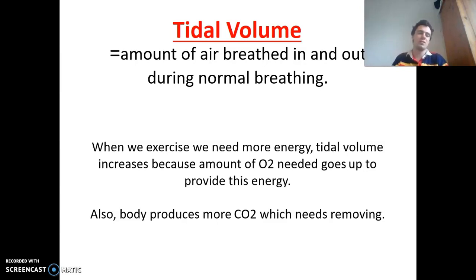Also, we know when we exercise we create CO2, so carbon dioxide, but we don't really want that in the body, we want to get rid of it. So the more we breathe in, the more carbon dioxide we need to get rid of. And this also increases with tidal volume, so breathing out increases. Hopefully that makes sense. It's a little bit confusing.